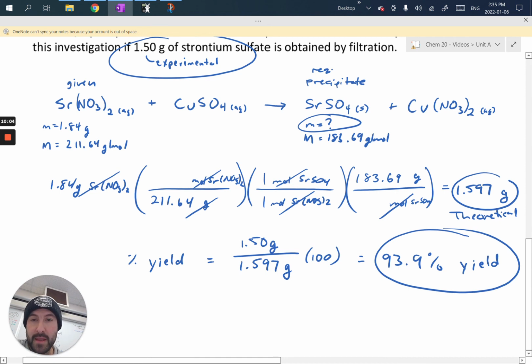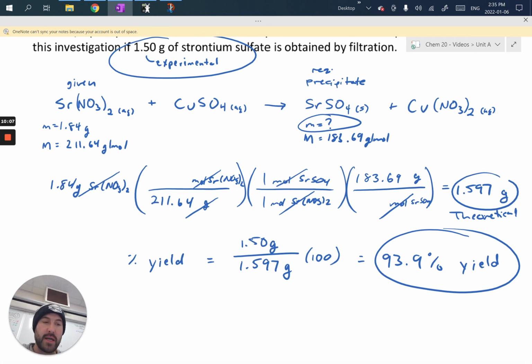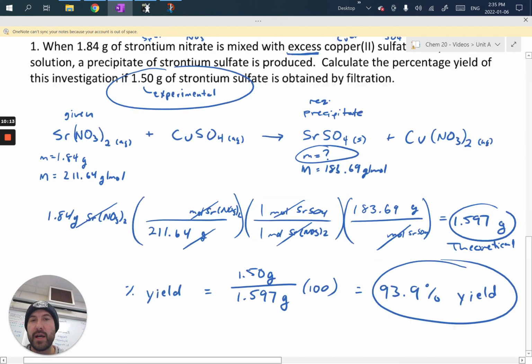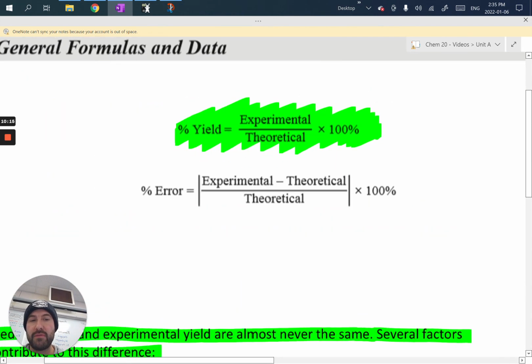I should mention here that there's also a measurement that we can make of percent error, and percent error is a calculation of how far off you are from your theoretical value.